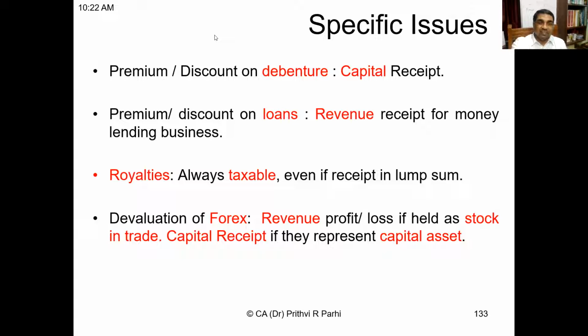Yes, sir. Let us say we are talking about a financing institution whose main business is to give loans and take loans. And let us take another example of a person like you and me. Suppose I have given you some loan and you are giving me a premium, that means some extra money.